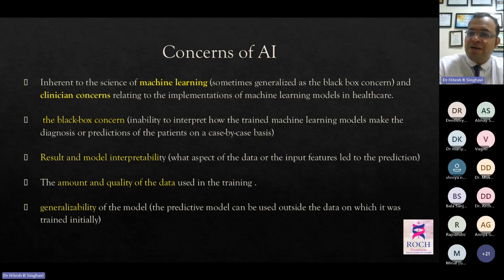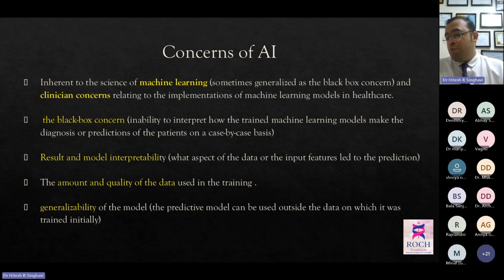That means, for example, an AI says this is oral cancer, but it is not able to reason out why it is oral cancer. It's a security concern for us, because if you do not know why this is oral cancer, then if you get it wrong, we will not be able to go back and correct it. That means the AI will keep on making the same mistakes.